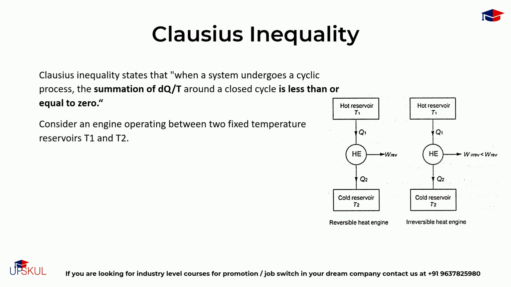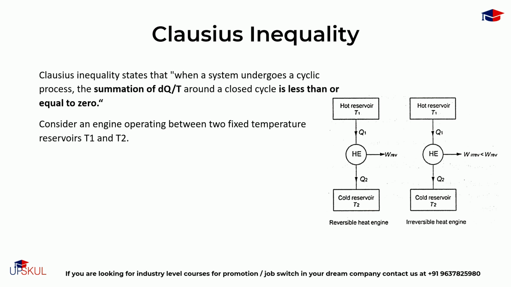Let dq1 be the unit of heat supplied at temperature T1 and dq2 be the unit of heat rejected at temperature T2 in a cycle. Then the thermal efficiency will be (dq1 minus dq2) divided by dq1.